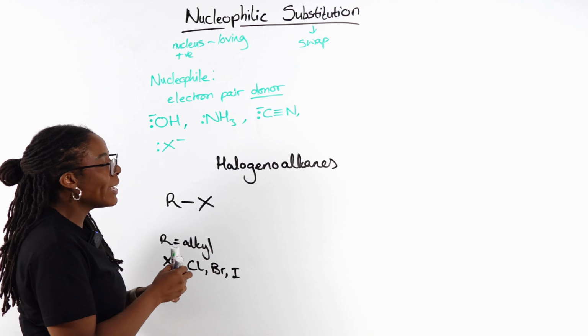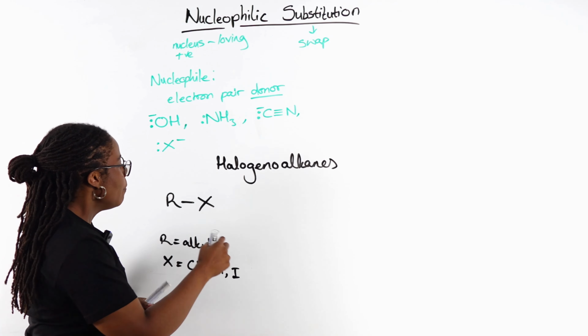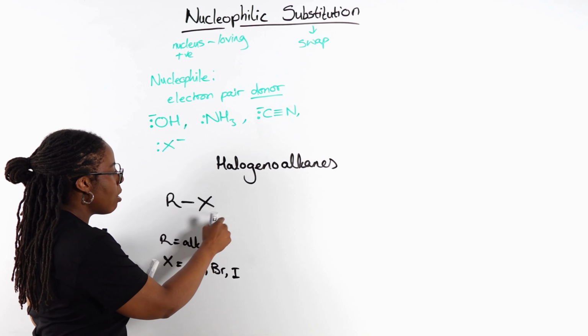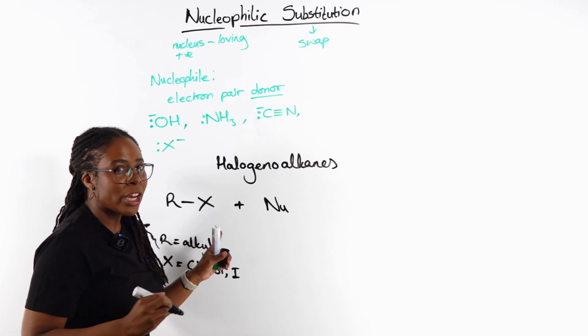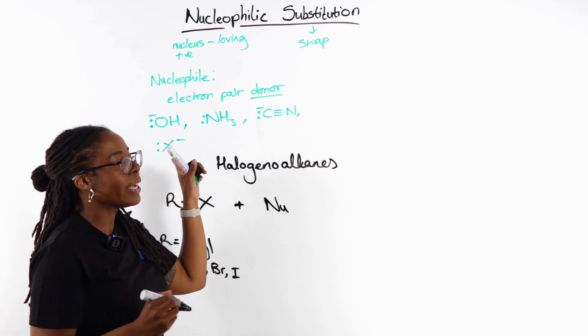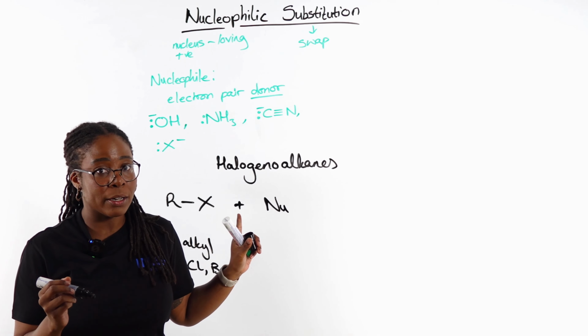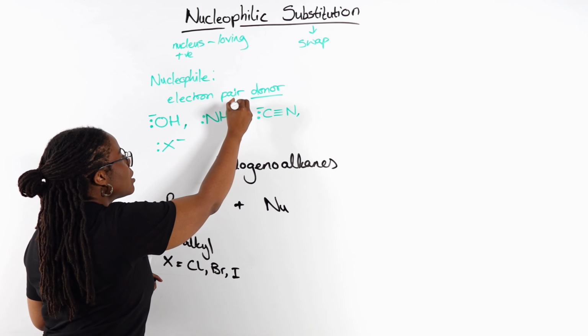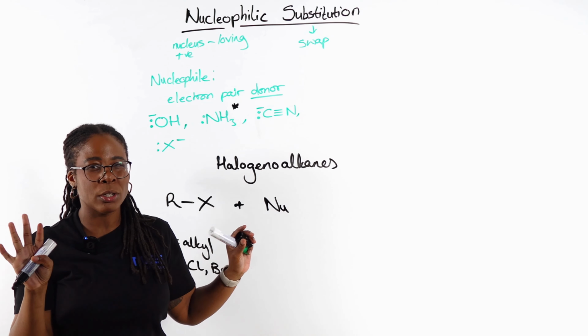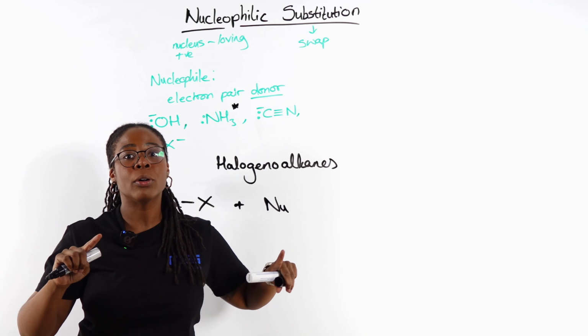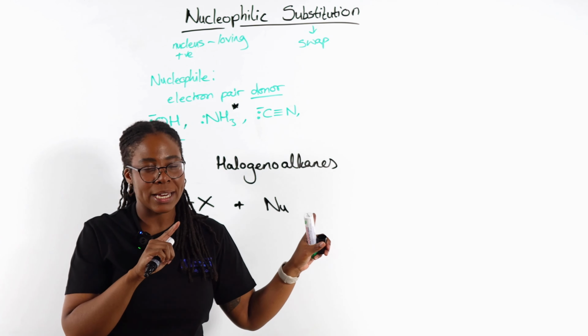So if I were to write this as a general equation, I would take my halogenoalkane, RX, I will add my nucleophile. Now for this general equation, I'm only considering my negatively charged nucleophiles. Okay, I'm going to put an asterisk by the ammonia, which has got no charge, it's neutral, and I'll show you that particular example towards the end, okay?